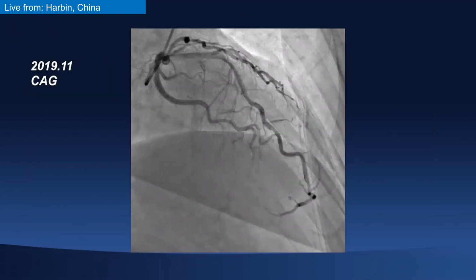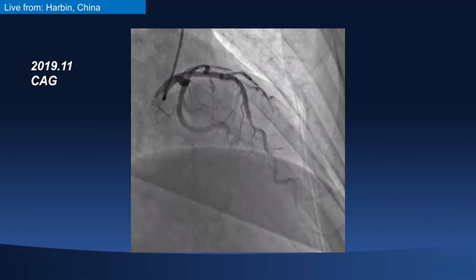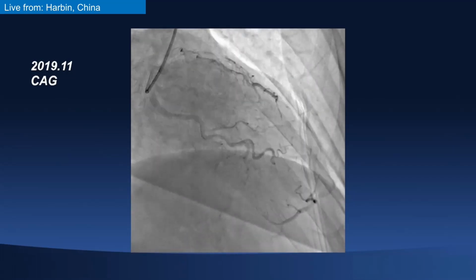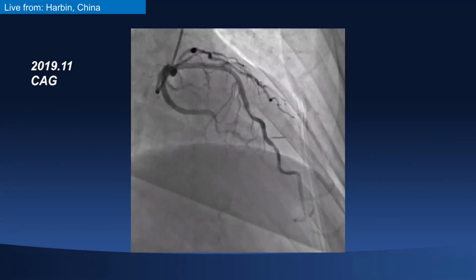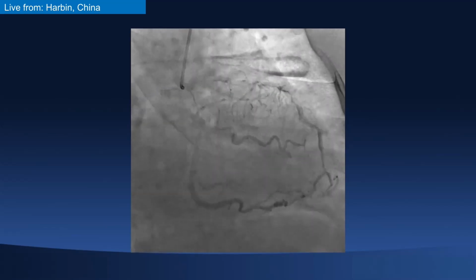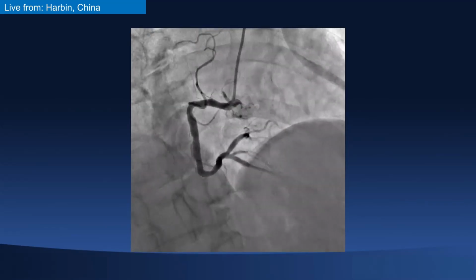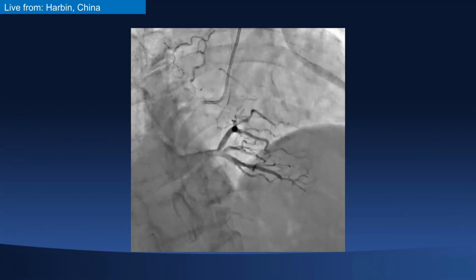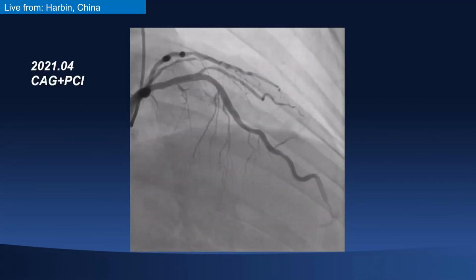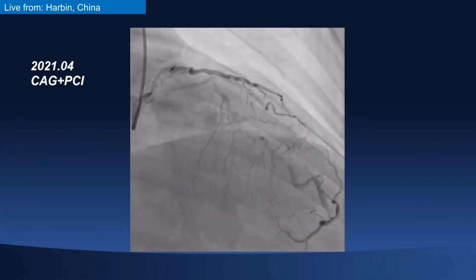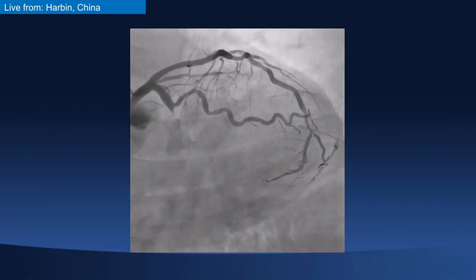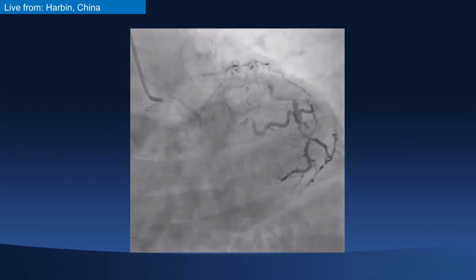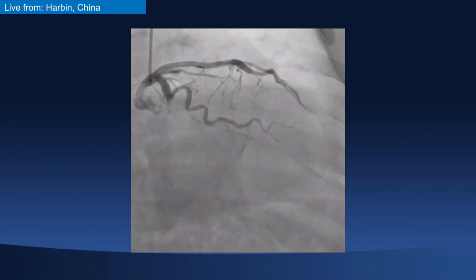The prior coronary angiography showed a severe stenosis in the proximal LCX, but the patient refused PCI. 2 years later, in another hospital, angiography revealed total occlusion of the proximal LCX, receiving collaterals from the LAD and RCA via the PLV branch.